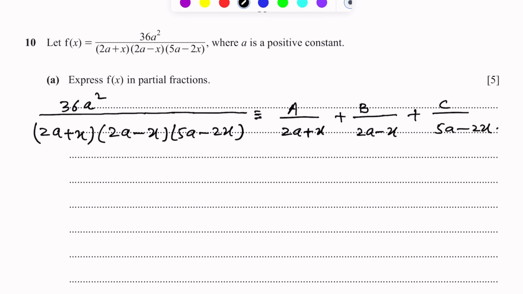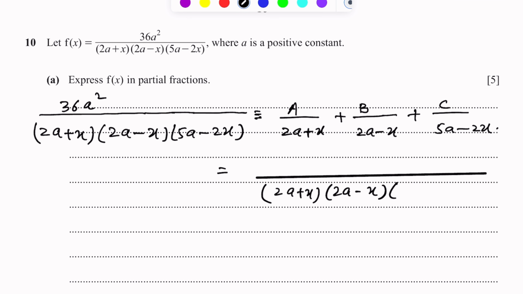Now we'll take the LCM of the right hand side, which is all the three factors: (2a plus x)(2a minus x)(5a minus 2x).